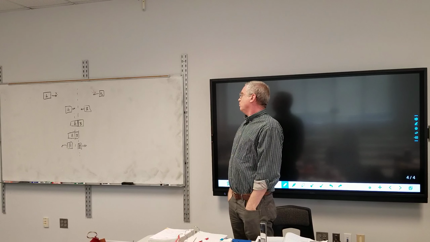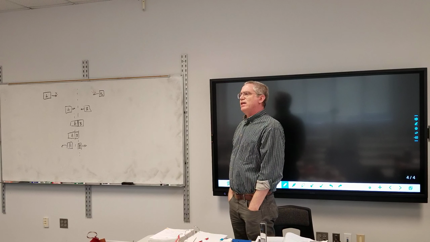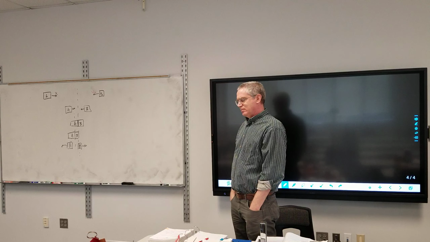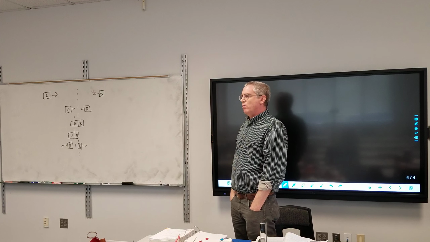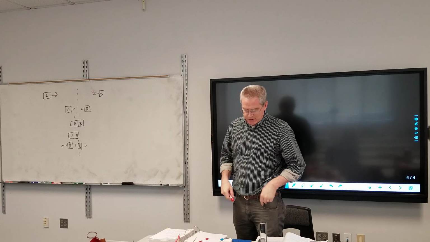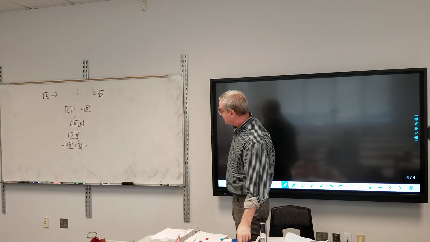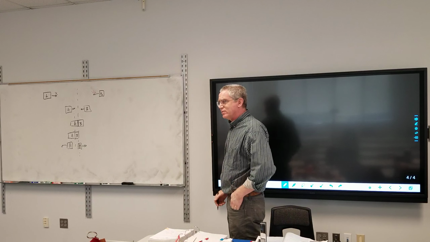So, while they are touching each other, there are 3 things that are the same for both objects, 3 quantities that are the same for both objects. What are those 3 quantities?